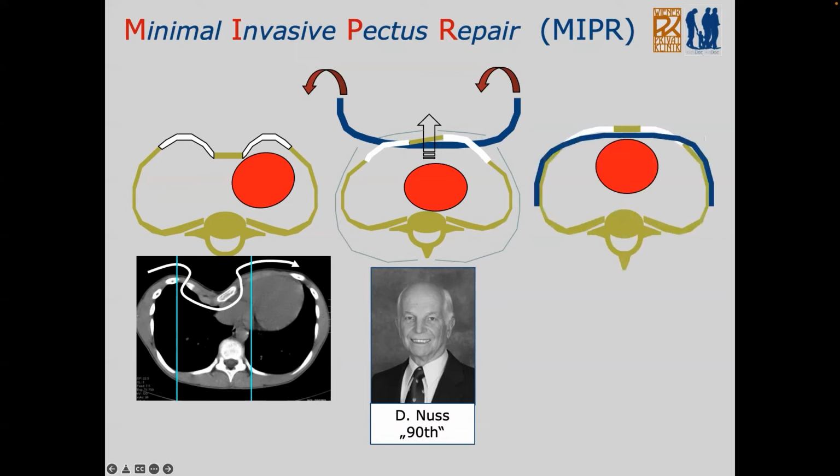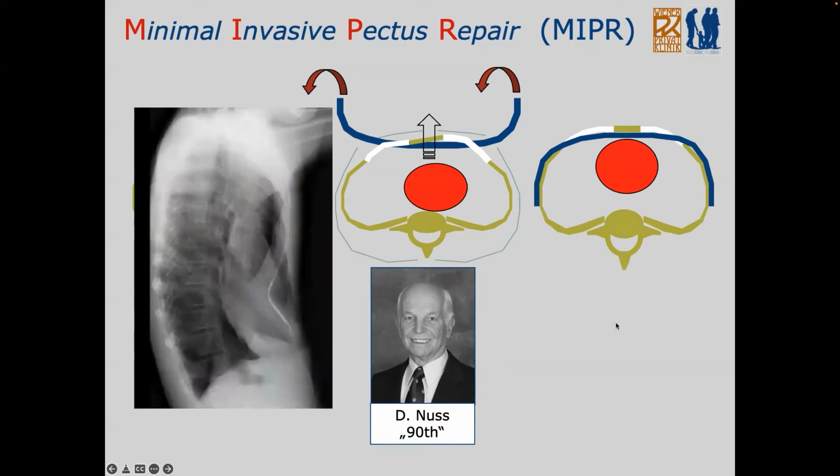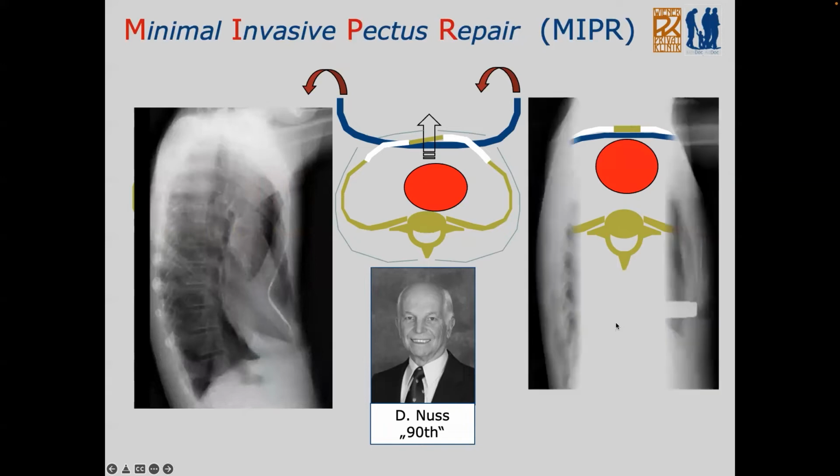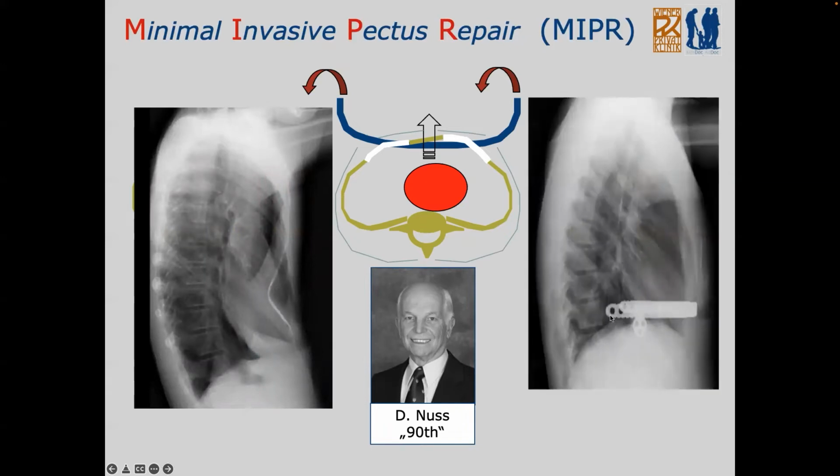This is the turned, 180-degree rotated and positioned implant elevating the sternum. Here you have the X-ray preoperatively, and here you have the X-ray postoperatively. You see the implant and the straight sternum. Explantation is possible with nearly no risk of recurrence after 4 years.